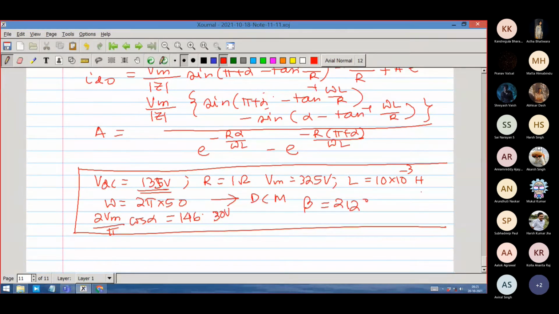So what I am saying is, to understand, you first put L is equal to this, you will see that it is still in DCM.